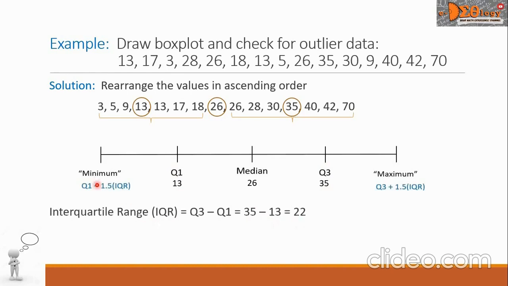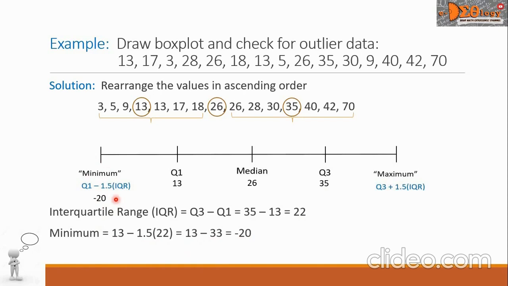Now let us solve for the minimum and maximum. Let's begin with the minimum. So we have the first quartile, which is 13, minus 1.5 times the IQR, which is 22. The product of 1.5 and 22 gives 33. So 13 minus 33 is negative 20. Let us copy this value below the minimum.